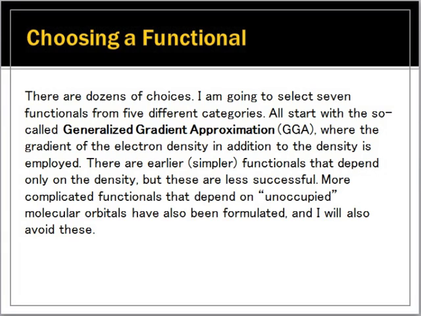They're all going to start with what I call the generalized gradient approximation. What this says is that my function, unknown, is a function of density plus its gradient. All the early ones were just functions of the density.